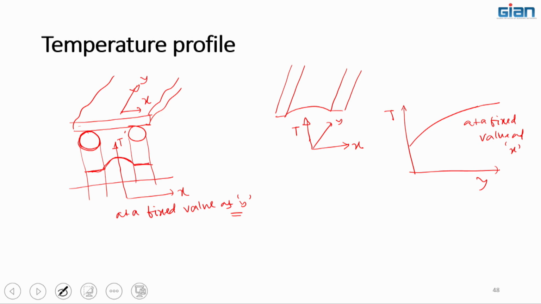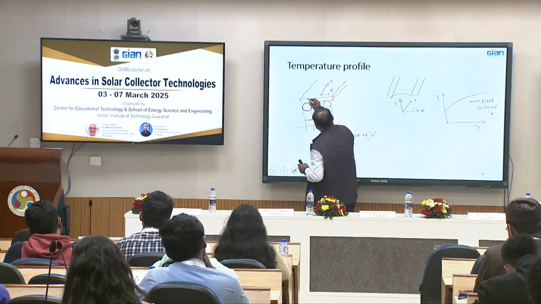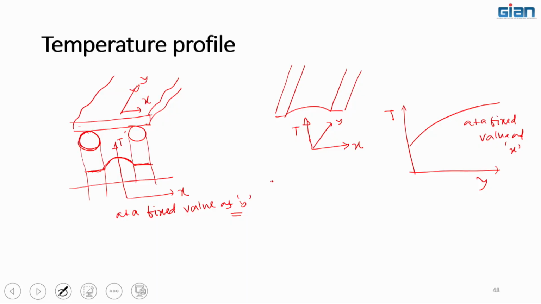So the heat transfer fluid is flowing through these tubes. What happens inside? This will be fixed at constant temperature, and then there will be a rise, and your tube is here and this tube is here. It will gradually go something like this. Okay. So in between there will be a temperature rise.